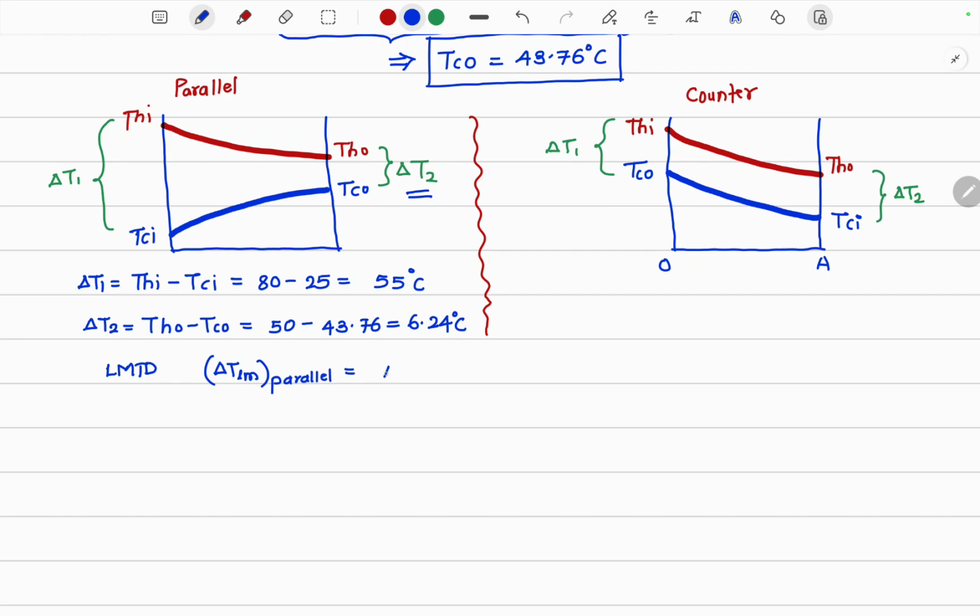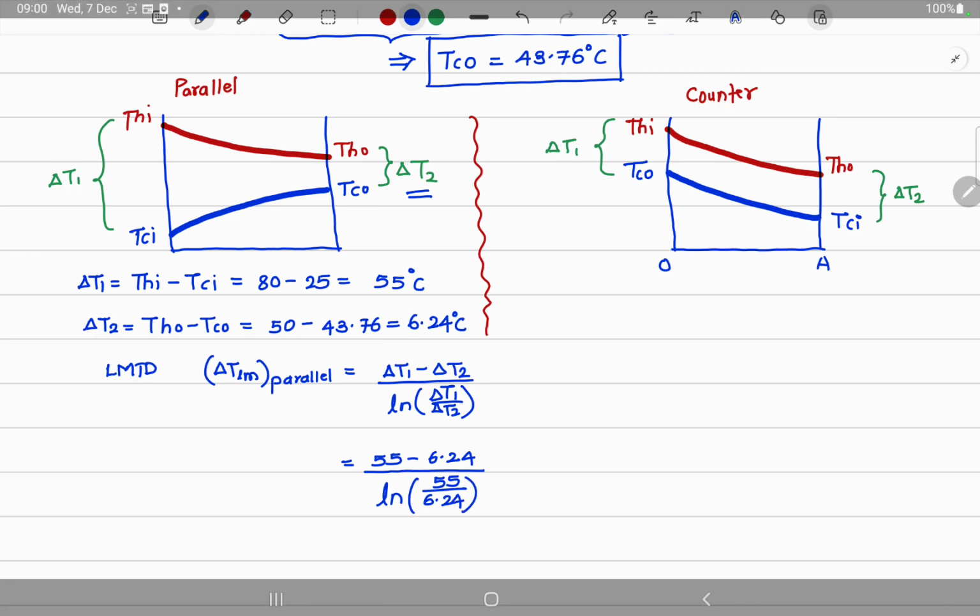That is why the LMTD for parallel flow, delta T LM, will be equal to delta T1 minus delta T2 divided by ln of delta T1 upon delta T2. Let us substitute the values. 55 is delta T1 minus 6.24 divided by ln of 55 by 6.24.